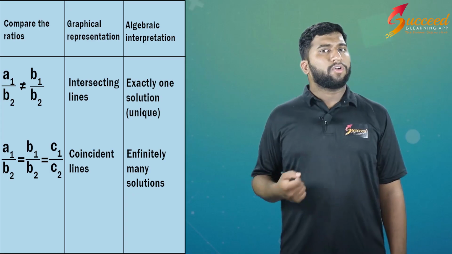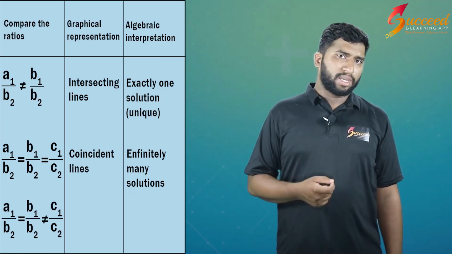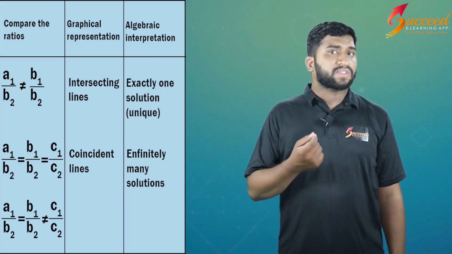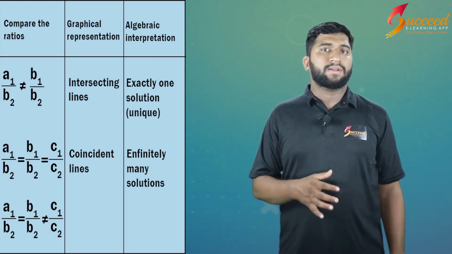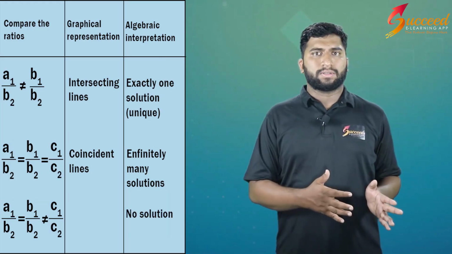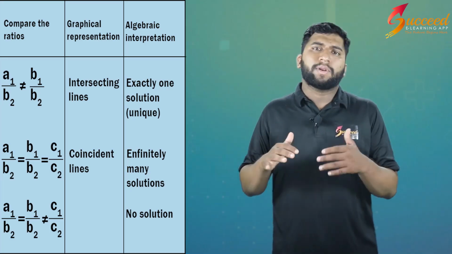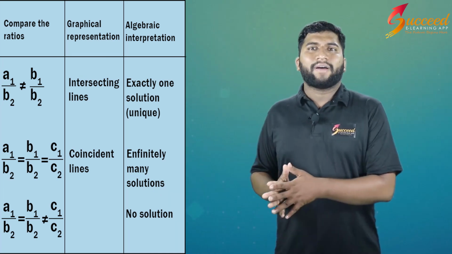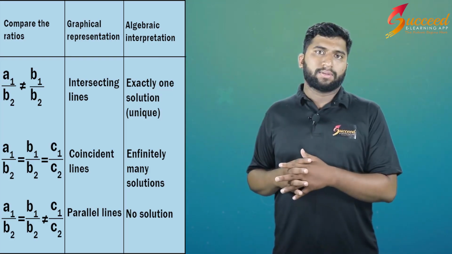Similarly, if your ratios are a1 by a2 is equal to b1 by b2 is not equal to c1 by c2, this kind of linear equation does not have any solution. So you will be having no solution, and when you plot the graph for this, you get parallel lines.